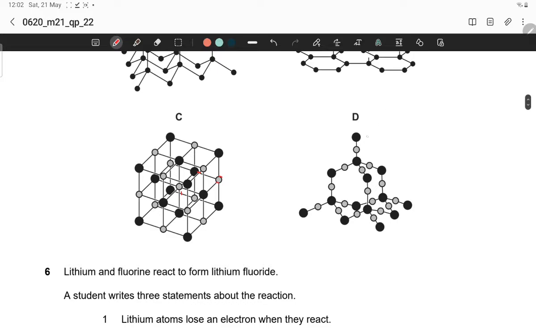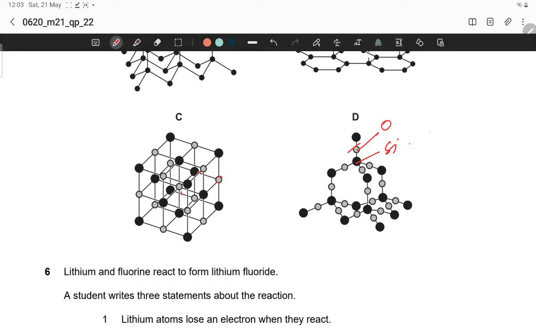D is the correct option because this is silicon, and each silicon atom is surrounded by oxygen. This is silicon and this is oxygen. So each silicon is surrounded by 4 oxygen atoms.